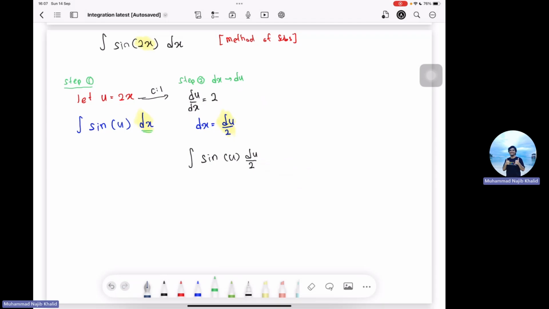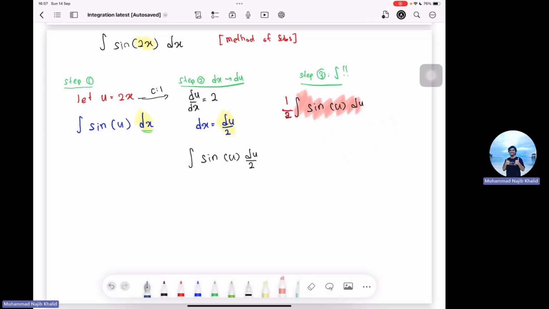Right, move on. Number 3 is solve the integral. Okay, integrate. I take the integral from step number 2 and bring it to step number 3. We have the integral of sine u du over 2. Just like in the last video, we can always bring 1 over 2 outside the integral. Now we want to solve sine u du.